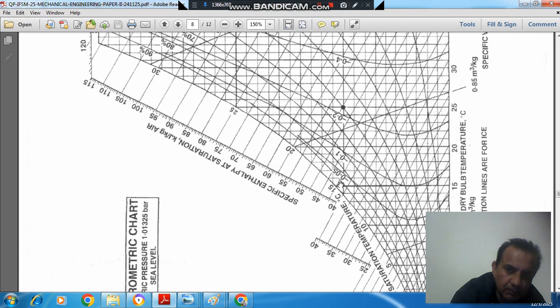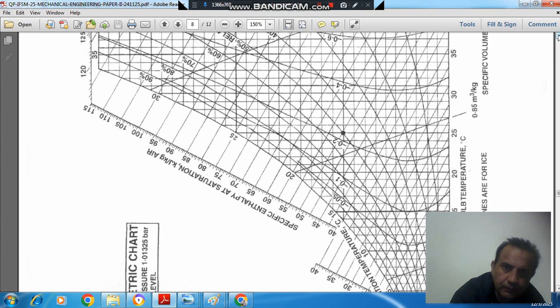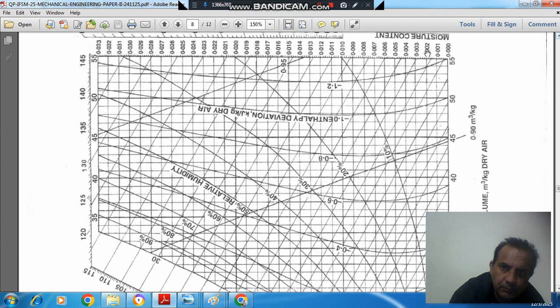And 15.7 will be somewhere here. So here the enthalpy is 42.5 and specific humidity is 0.010, and here at 40 degrees Celsius and 50% relative humidity the specific humidity is 0.023. Okay.